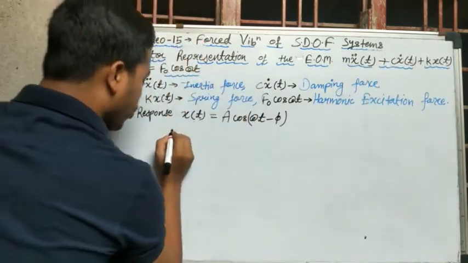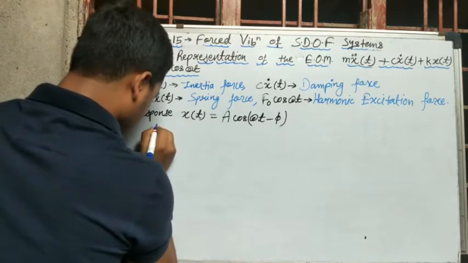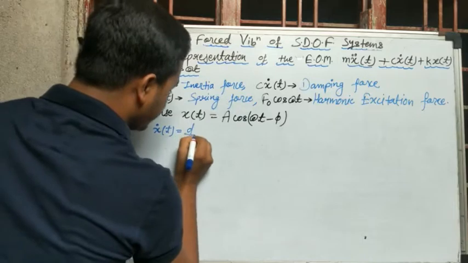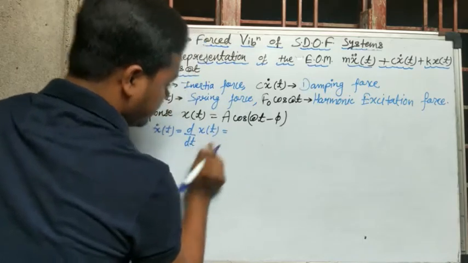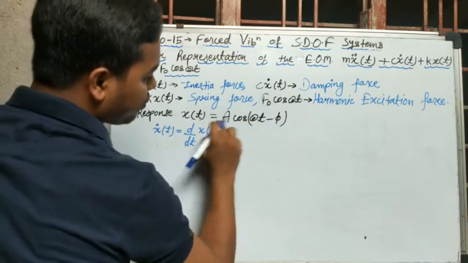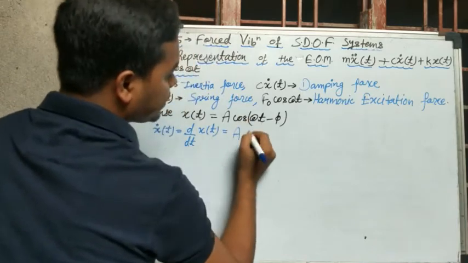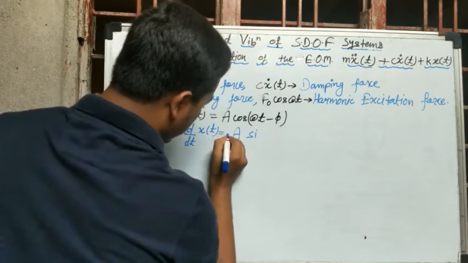Now what about x dot(t)? X dot(t) is d by dt of x(t), that means d by dt of A cos(omega t minus phi). A is a constant, and d by dt of cos is minus sine.